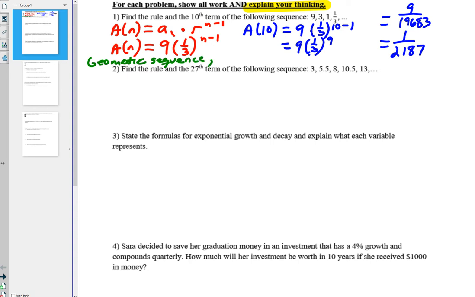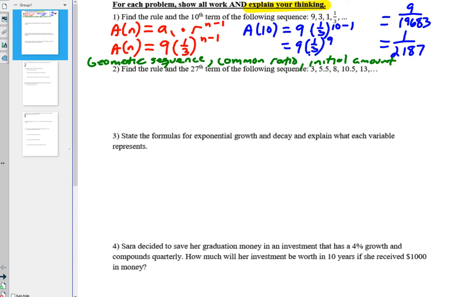Yeah, common ratio. Okay, you can say what the common ratio is. Yeah, sure. You can talk about the initial amount. Obviously, you are the one writing the sentences. But questions there?